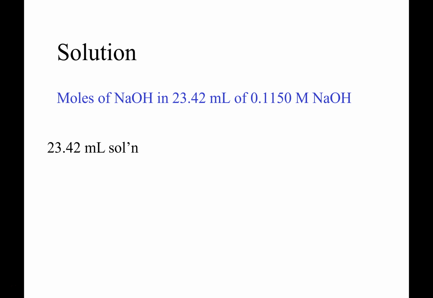So, Benny, help me out. So I want to go to moles of NaOH, use the molarity, but since this volume is milliliters, what do I have to do? 1 liter over 1,000. Yep, 1 liter over 1,000 milliliters. Perfect. This is my moles of NaOH. So, Allison, how do I now use molarity, which was that 0.1150, to get from liters to moles? 0.1150 moles over 1 liter.